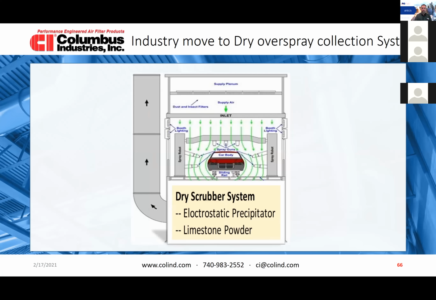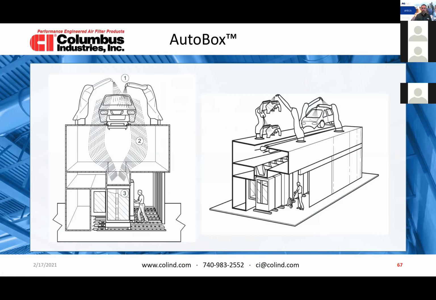So this is, again, that picture where we moved from water wash to dry. Besides the PC pleat and the pits and the carts, there's a new system out there that was introduced by a company, Eisenman, and it's called the E-Cube.